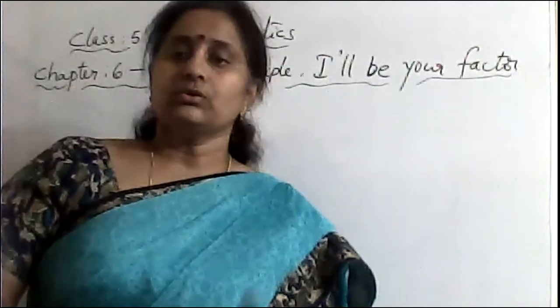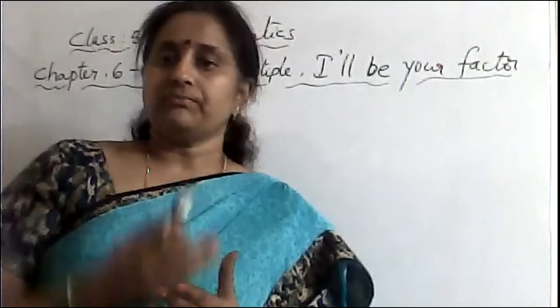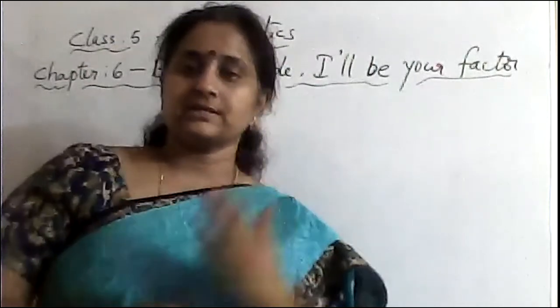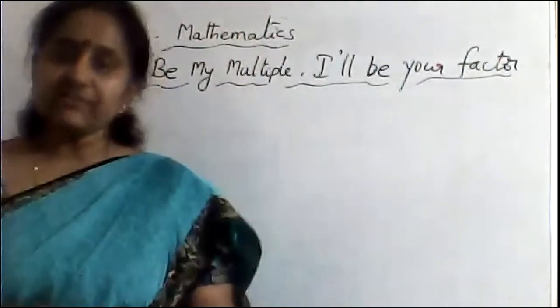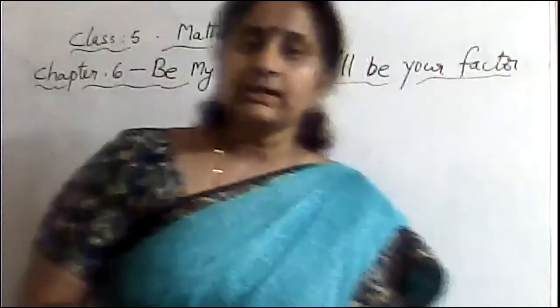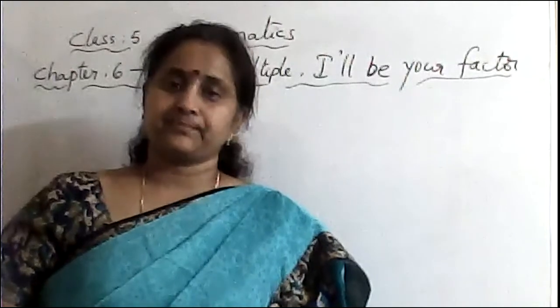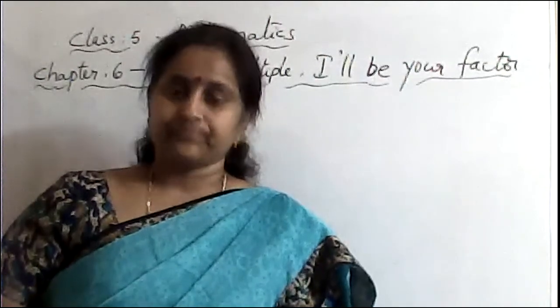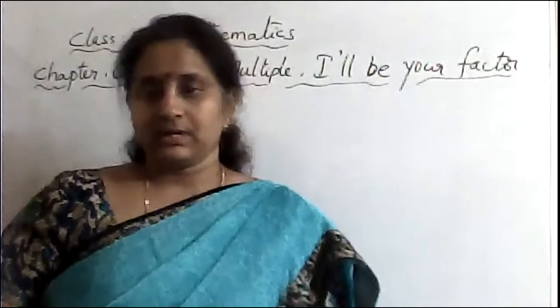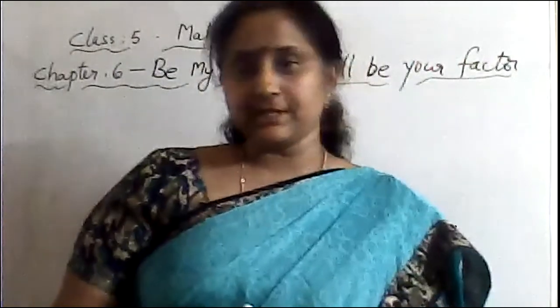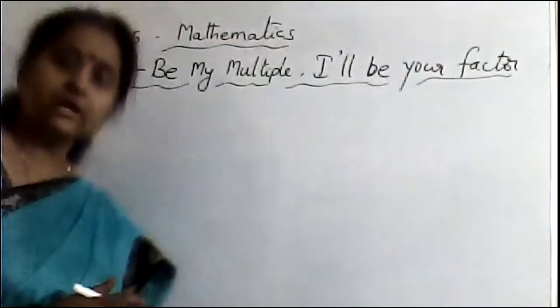Before starting the class, I want to ask some questions. What is an even number? Can anyone from the class answer? Even numbers. Ma'am, two table. Yes, multiples of 2. In other words, what can we say?